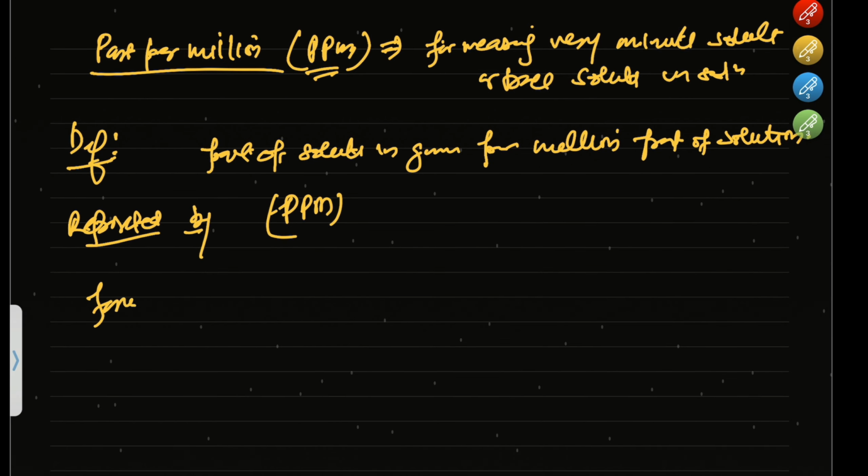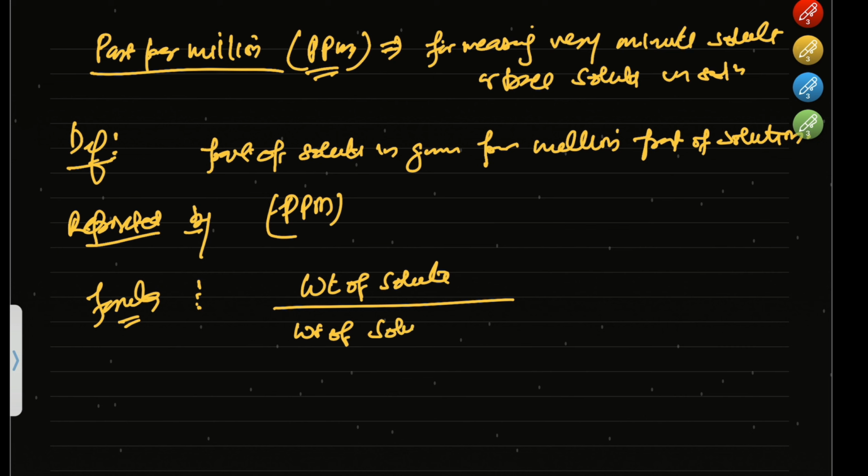Formula: weight of solute upon weight of solution, into 10 raised to power 6, is called ppm.